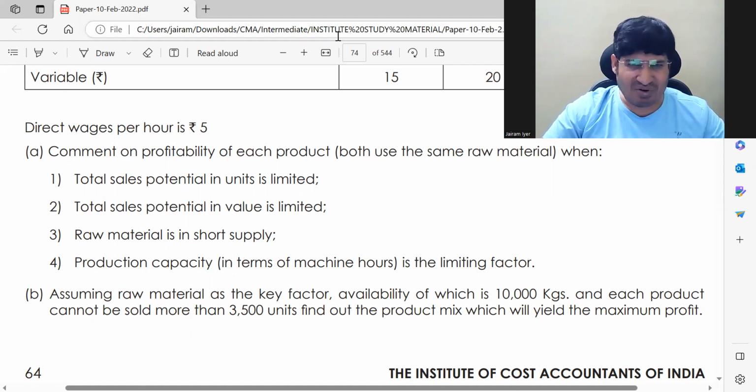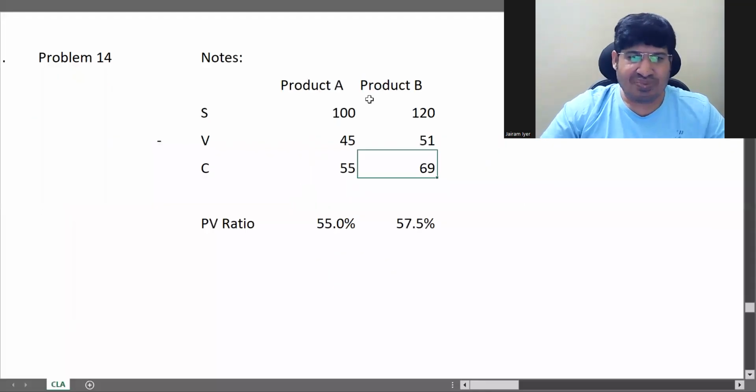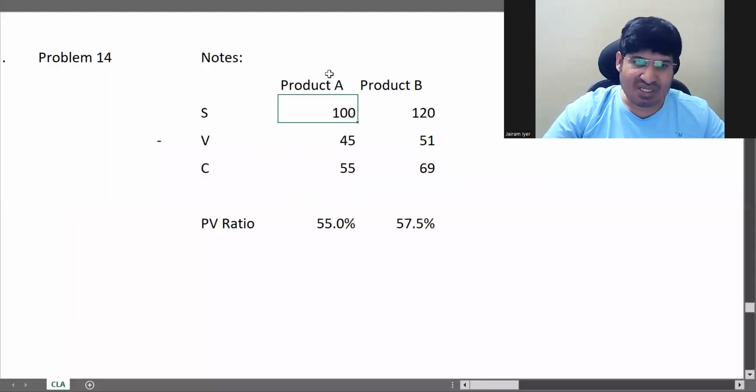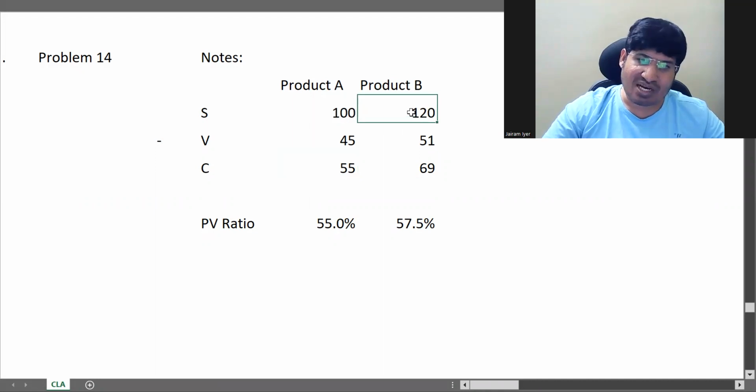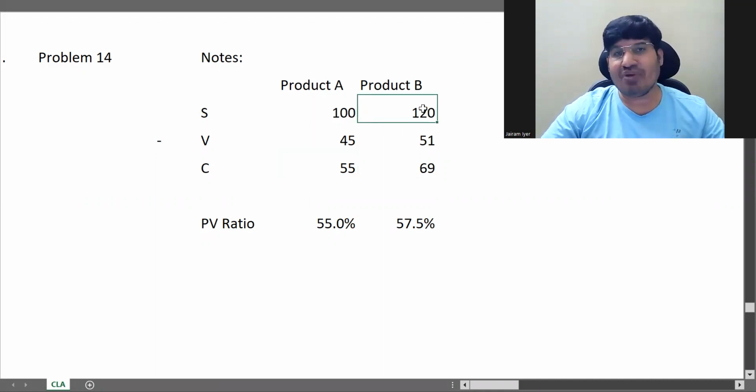So here what you have to do is, for sales potential in value, consider that this one you are selling for 100. You're selling for rupees 100, you are getting a contribution of 55. If you are selling this product for 120, you have to convert this also to 100. Then you can compare for sales value being the same.